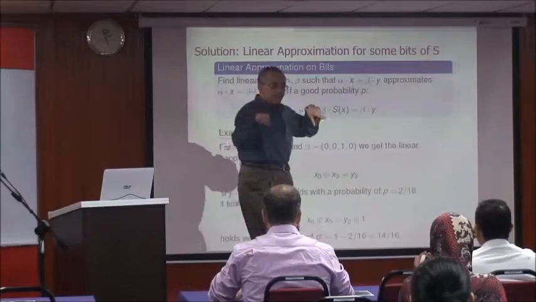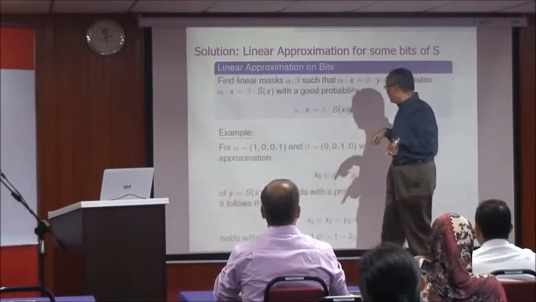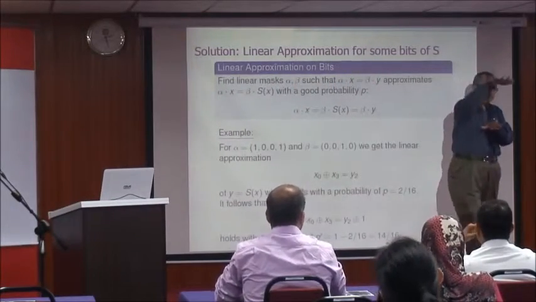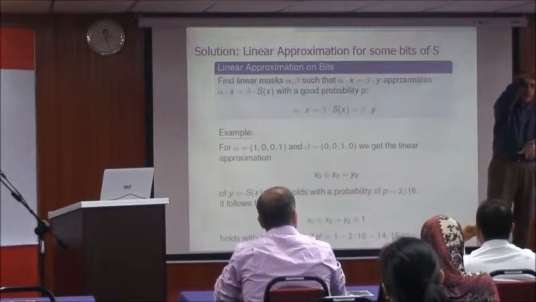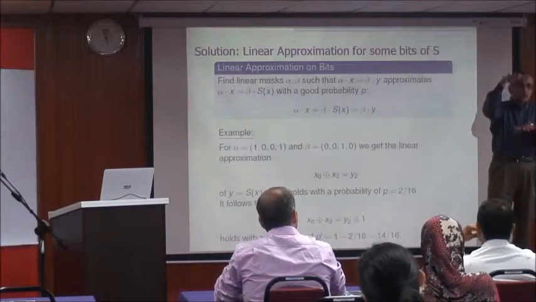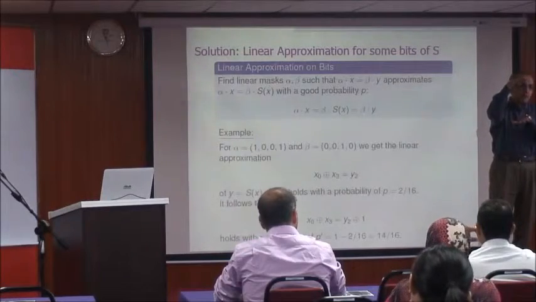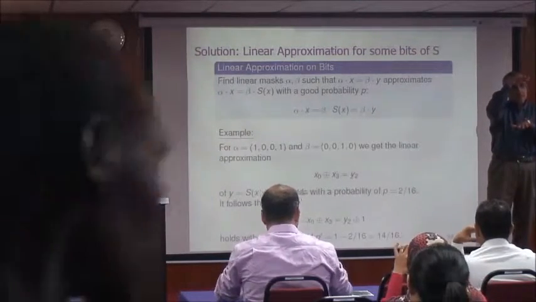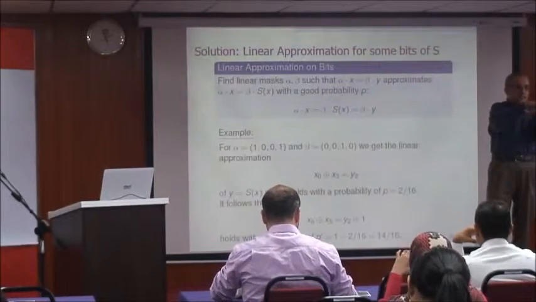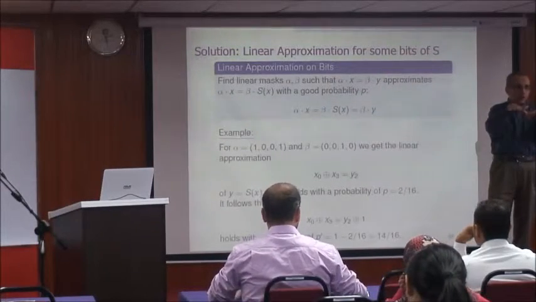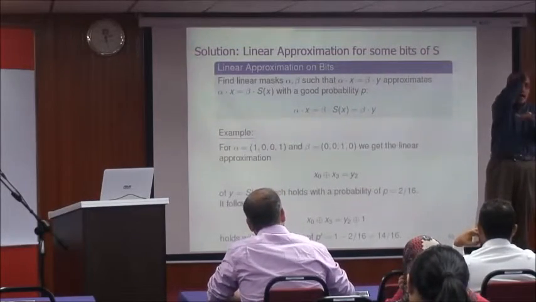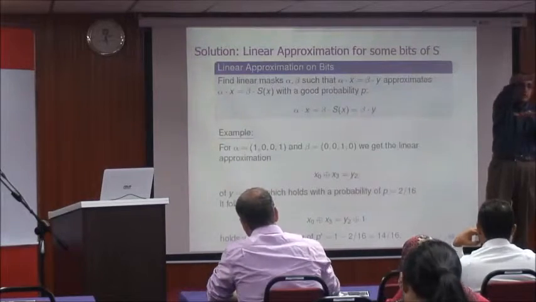If I give you the substitution box, in our case you have 4 bits coming in and 4 bits coming out. What we try to do is find some linear approximation between some non-zero linear combination of the output coordinates and the input to the S box.